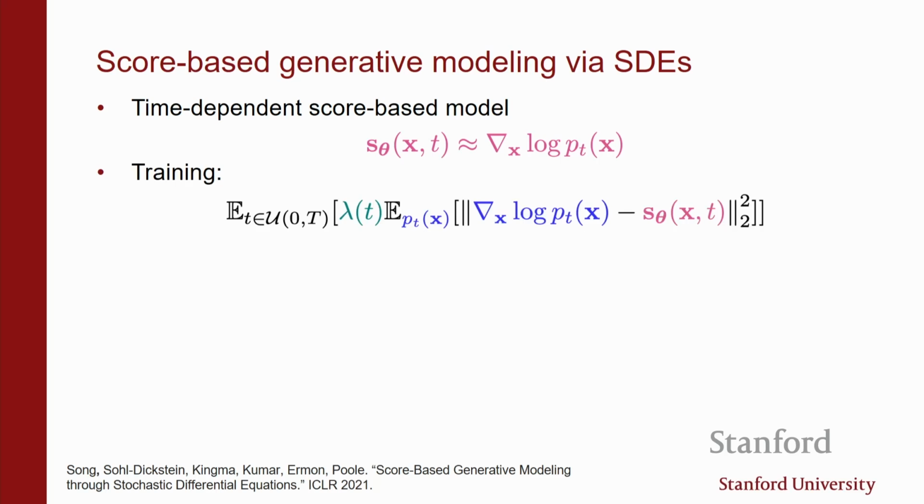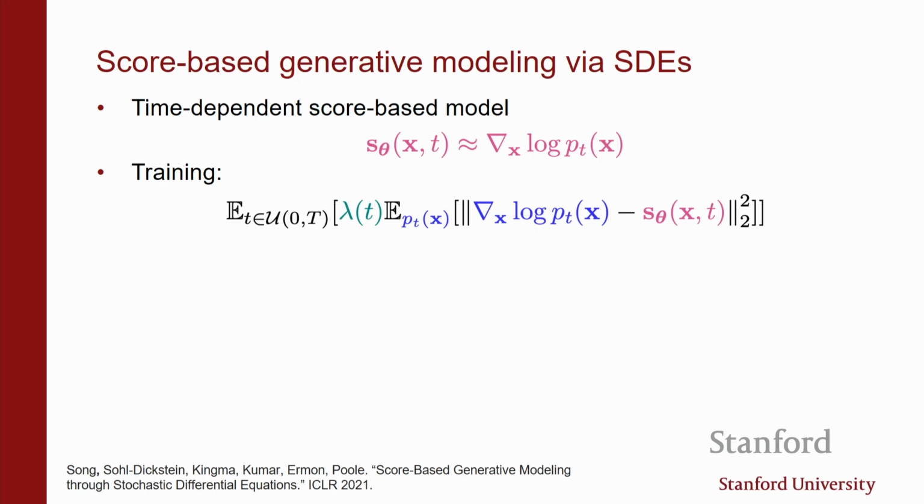And we do that by doing the usual mixture of denoising score matching objectives. So we want to be able to train a single neural network that jointly estimates all this infinite number of scores. And so it's exactly what we had before, except that instead of being a sum over 1,000 different noise levels, now it's an integral over an infinite number of different t's.